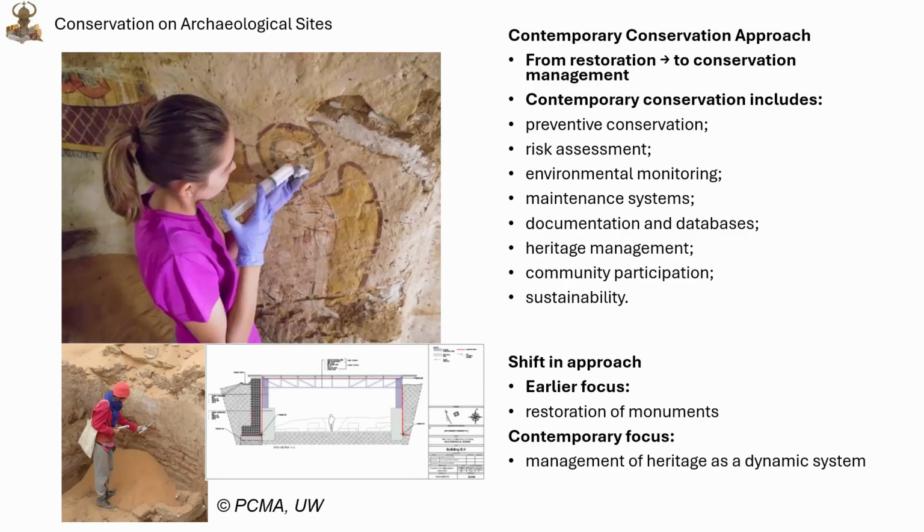Because of this, deterioration is understood as a process that cannot always be completely stopped. Instead, conservation aims to understand, monitor, slow, and manage deterioration in ways that minimize the loss of heritage value.